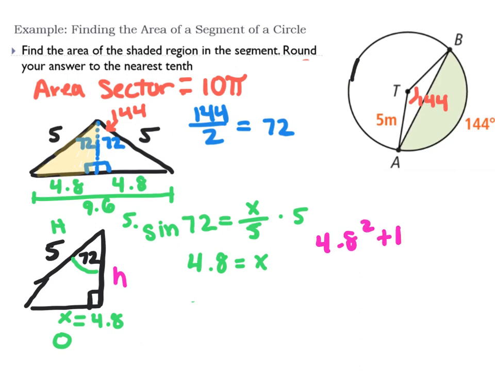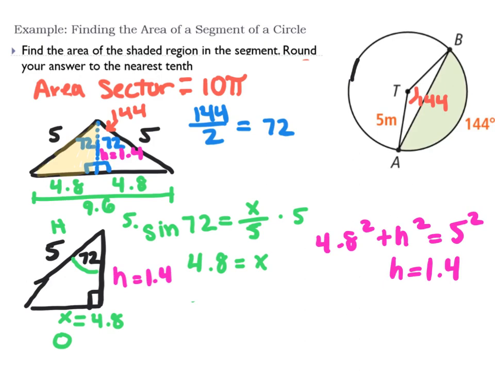So 4.8 squared plus h squared equals 5 squared. And if we solve, it gives us that h equals 1.4. So this h here equals 1.4.